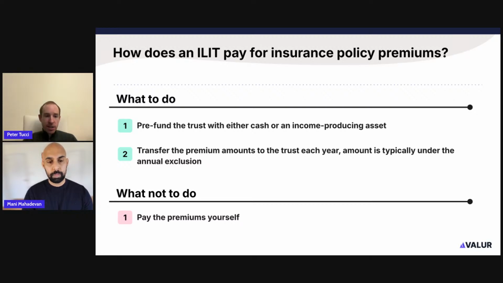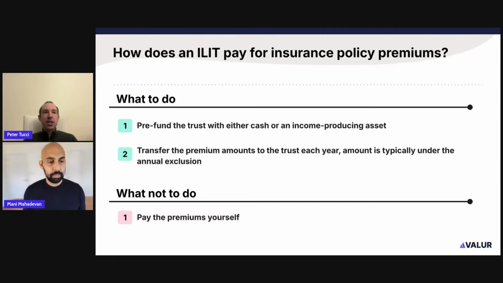But what you can do is, instead of giving the money to the kids directly, you can set up a trust called a crummy trust that gives the kids the right, at least in theory, to withdraw that amount. Basically, by giving them those withdrawal rights through the trust, you make the trust eligible for the annual exclusion.